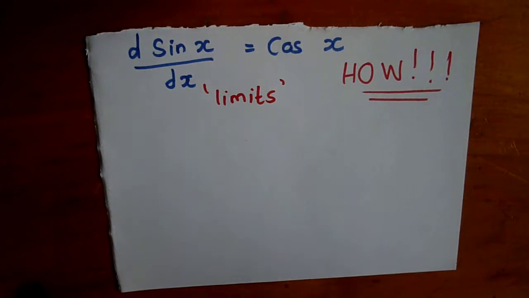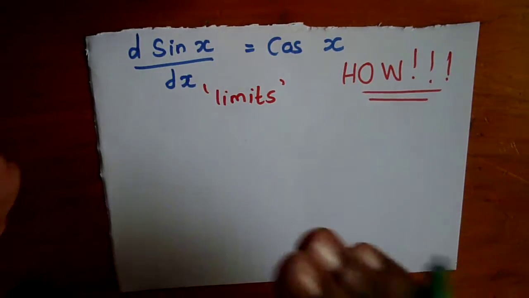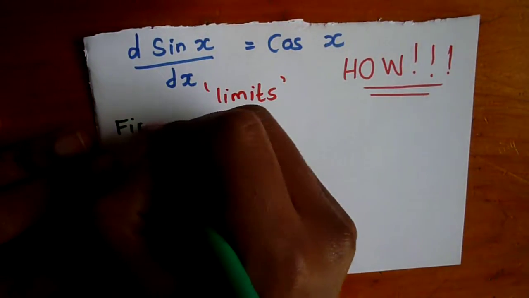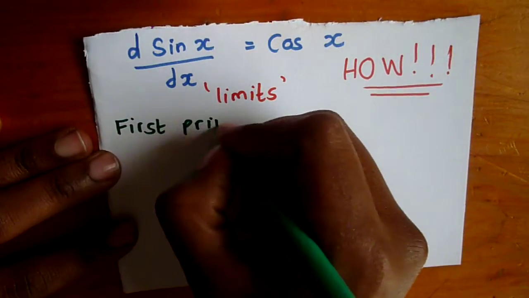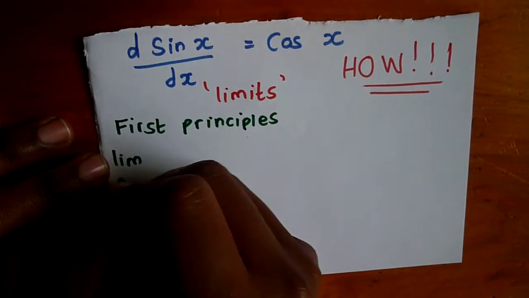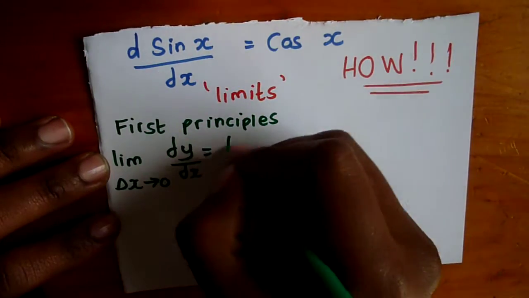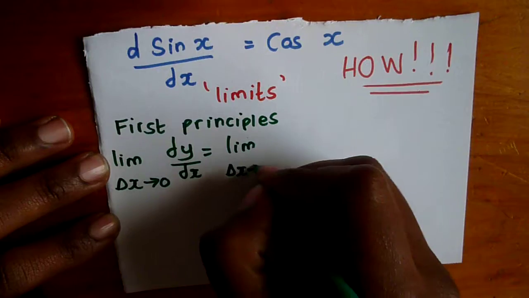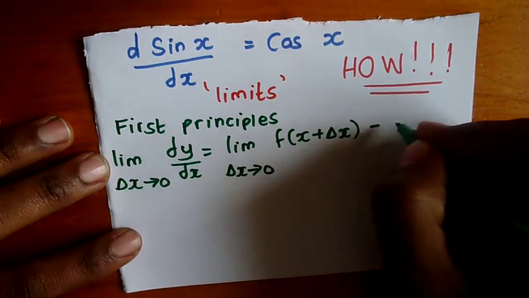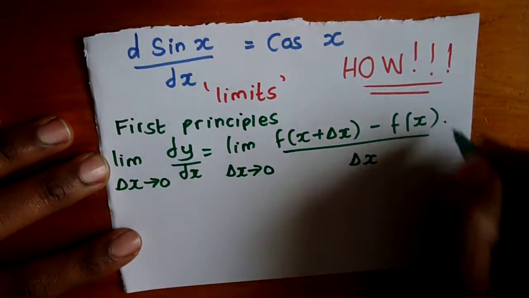So what we're going to use when we're proving that the derivative of sine x is cos x is first principles, which states that the limit as change in x tends to 0 of dy/dx equals the limit as change in x tends to 0 of f of x plus a small change in x minus f of x, all over change in x.